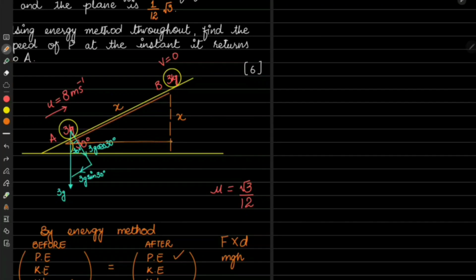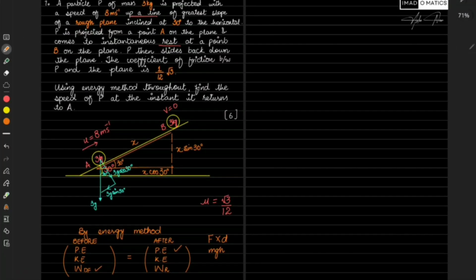So what will be the vertical component? It would be x sin 30. Ideally we consider A and B to be close, and then we resolve it. So x sin 30, and the horizontal distance covered is x cos 30. So now we have resolved everything.